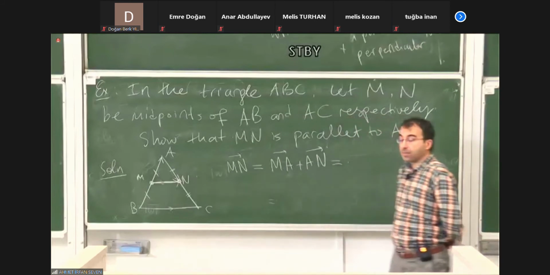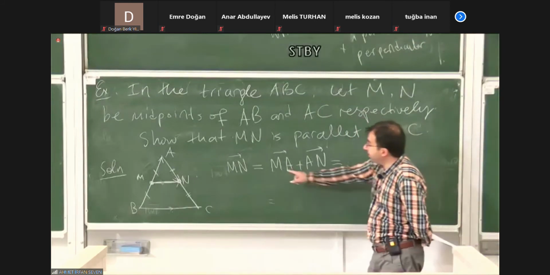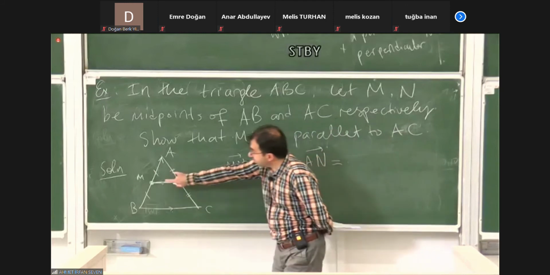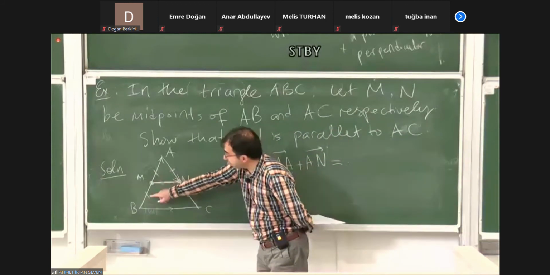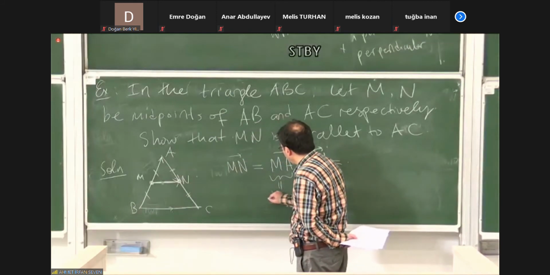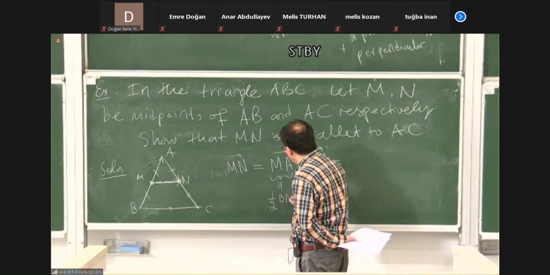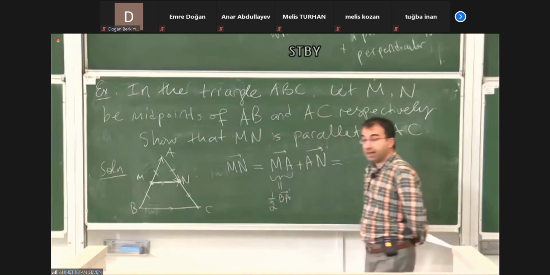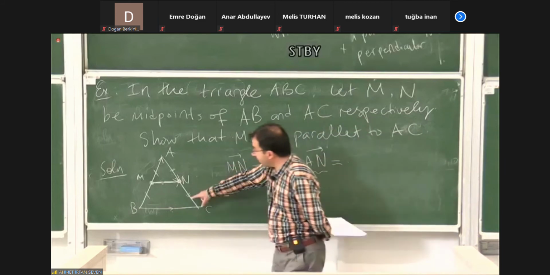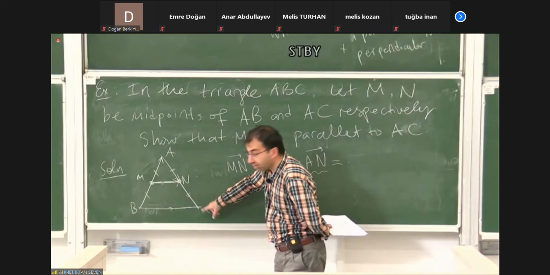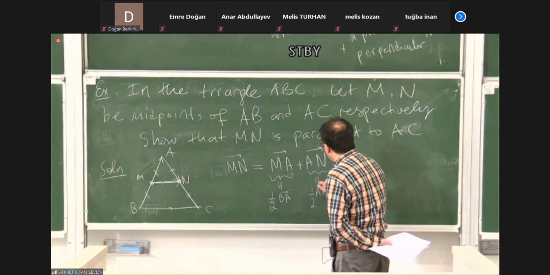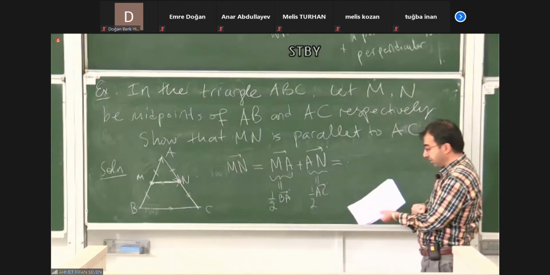Now, this vector MA, well, M is the midpoint, so it is going to be half of the vector BA. So this is equal to 1 over 2 BA. Similarly, the vector AN will be half of the vector AC, so it will be 1 over 2 AC, right?